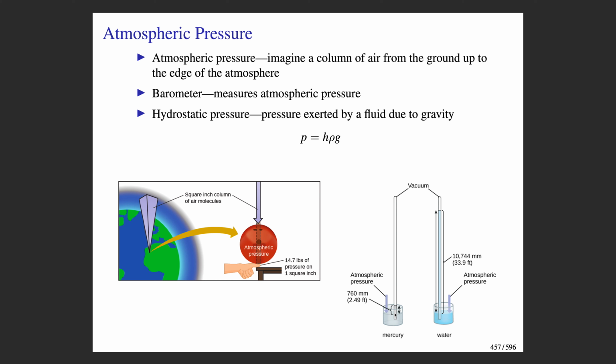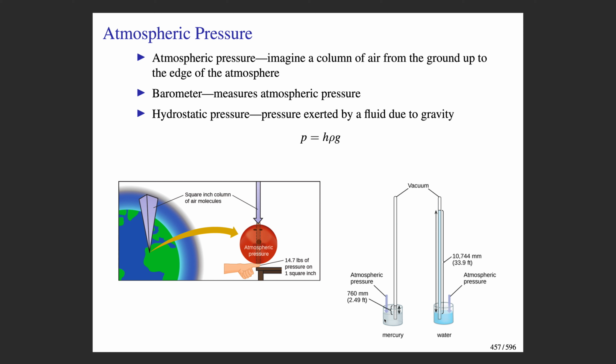And if you take this barometer and measure atmospheric pressure, I believe at 0 degrees Celsius and at sea level, what you'll find is that the mercury column will be 760 millimeters tall. And so that's what we call atmospheric pressure.